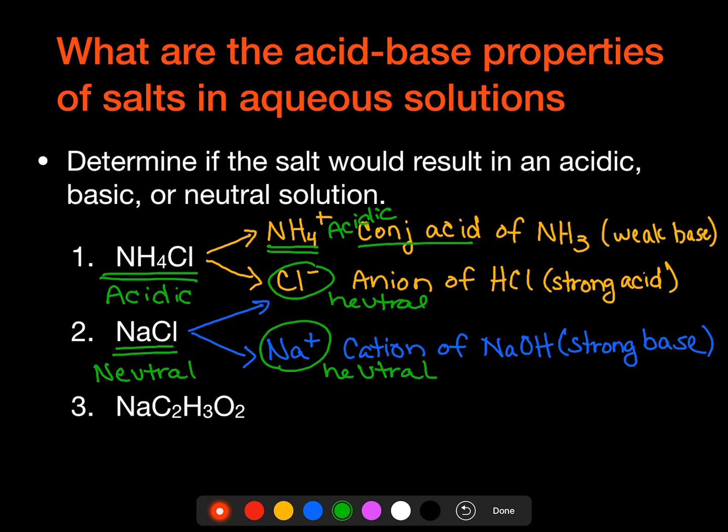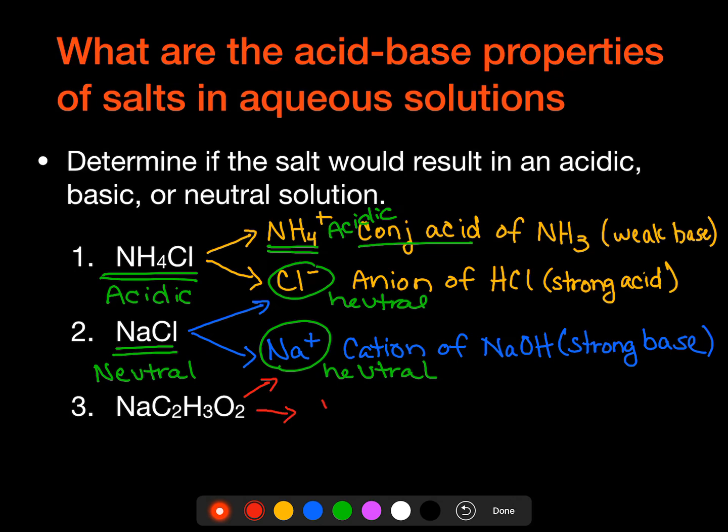Finally, if we take a look at this last one, we already know that sodium is neutral. So then the question is, what is the acetate?